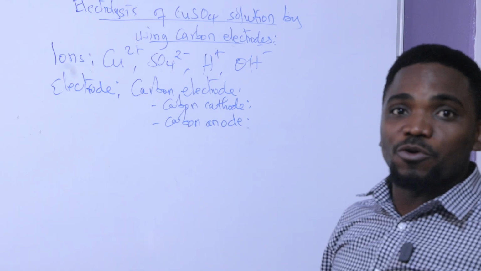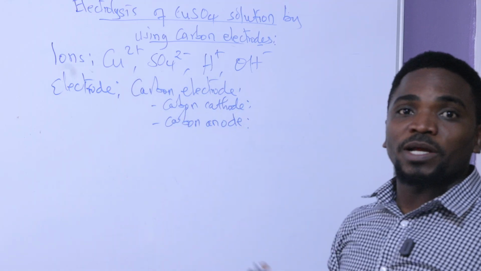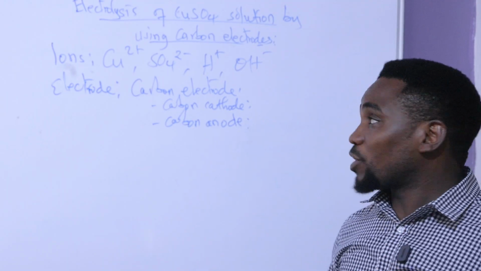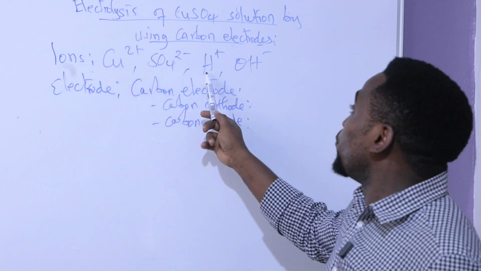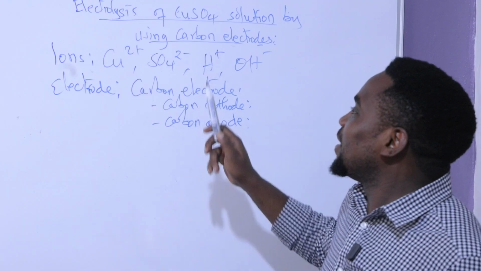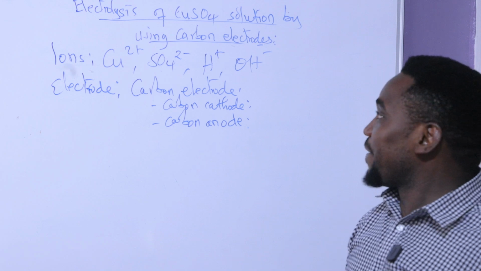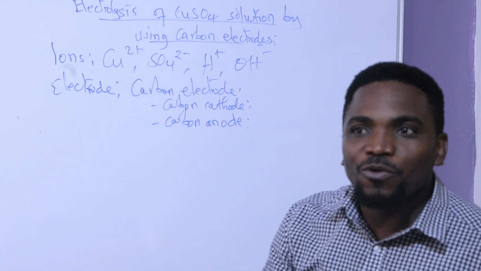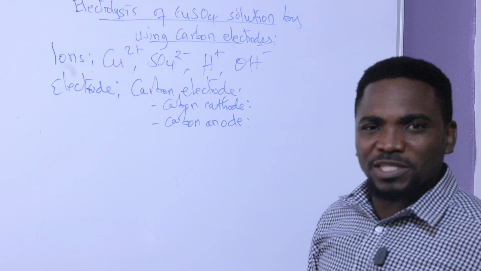Sihitaji kuandika tena kwa sababu the previous session nilikwambia kwamba copper ions and hydrogen ions will migrate to the cathode, but this one will migrate to the anode. Lakini kipindi kilichopita tukasema kwamba huyu alikuwa preferentially discharged na sio huyu. Sababu tulisema ni ipi? It's because this one is below hydrogen in the electrochemical series. Lakini huyu na huyu walipoenda kwenye anode, none of them was preferentially discharged.